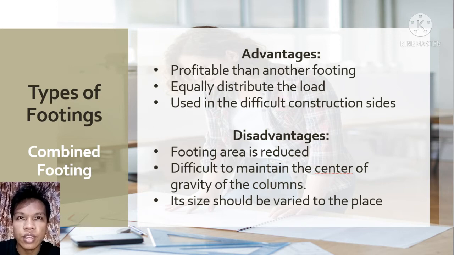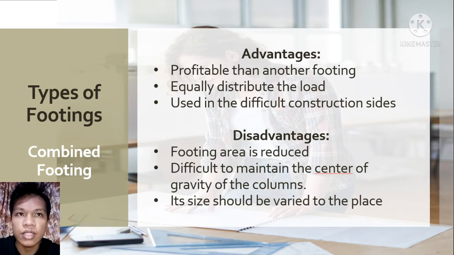The footing area is reduced because a common footing is used for many columns. In combined footing, it is difficult to maintain the center of gravity of the columns. The general disadvantage of combined footing is that its size should be varied to the place. Sometimes it should be made rectangular or sometimes trapezoidal.